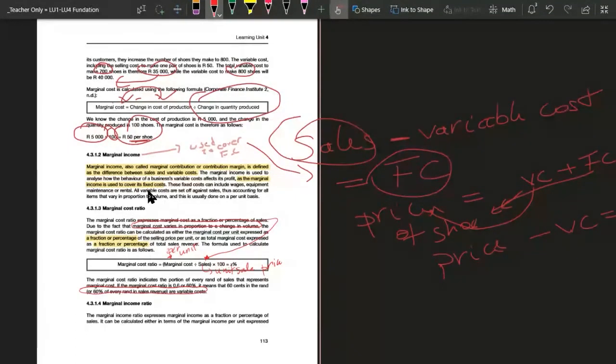Whether I sell or I don't sell, I still need to pay the rent. That's why you can see the obsession with the fixed cost. So the marginal income is very important to ensure that it covers the fixed cost. Guys, does this make sense? Why are we making these calculations? We are almost there, guys. Does this make sense?